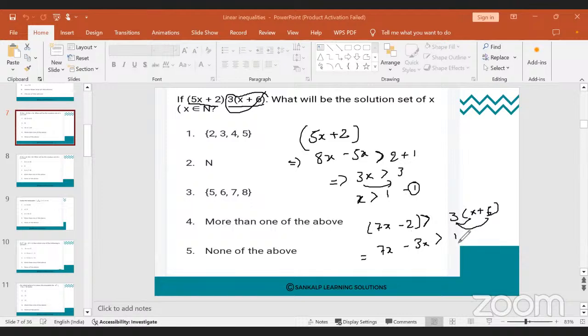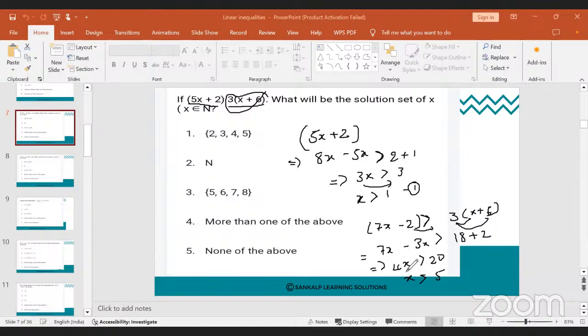And minus 2, when it is transposed, becomes plus 2. So the answer is going to be 4x is greater than 20. So x will be what? X is greater than 20 upon 4, that is 5.